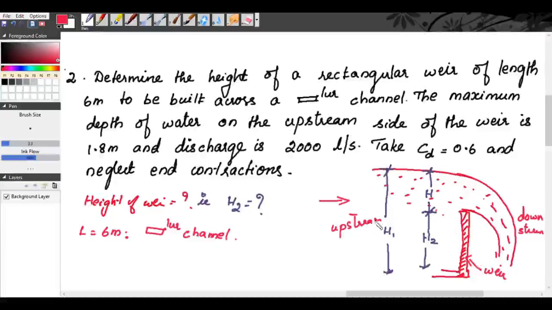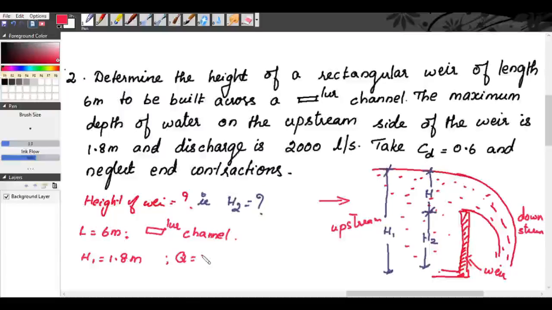For the weir, this is the upstream side, this is the downstream side because the flow of water is like this. So it is given the maximum depth of water on the upstream side of the weir is 1.8 meter. That means H1 is equal to 1.8 meter.